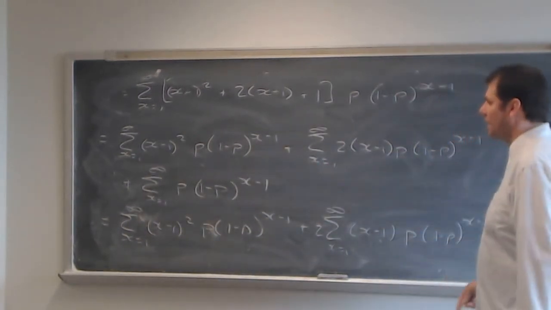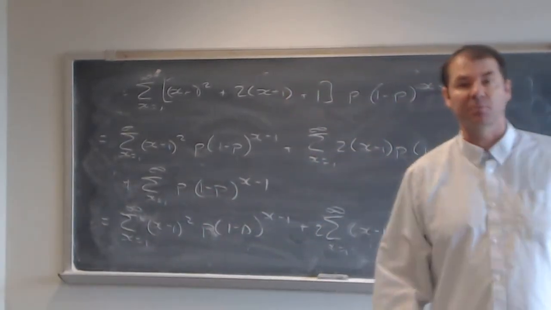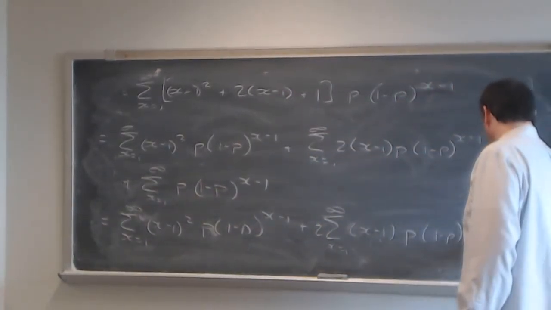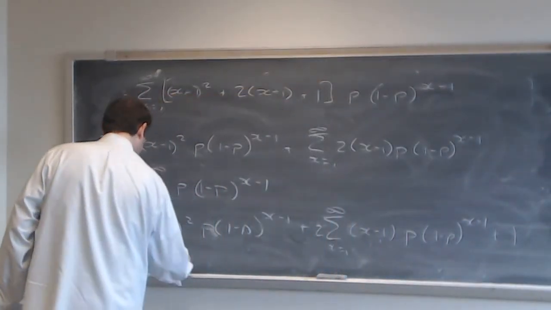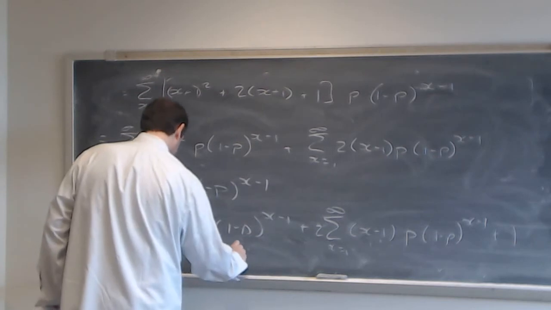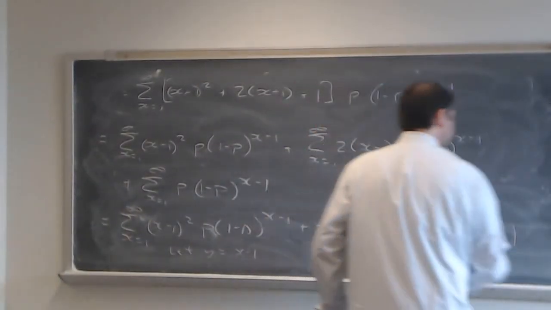But that last sum is the sum of the PMF of the geometric, and we know it sums up to 1, so I'm just going to put plus 1. And now I'm going to let y equal x minus 1. So I'll clear both of these first two sums.